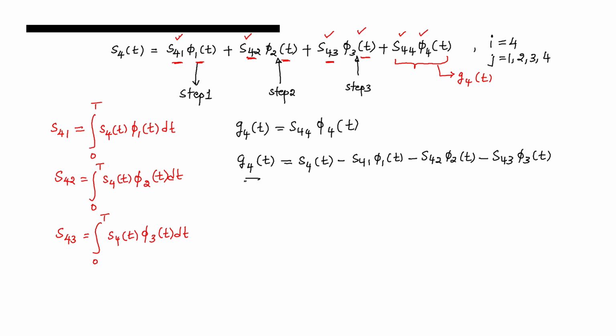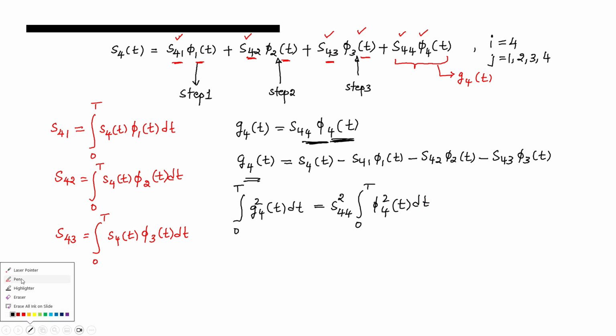Once the G4 value is available, now you square and integrate this equation over the T duration. So that is the integral from 0 to T of g4 square t dt, which is equal to S44 square times the integral from 0 to T of phi 4 square t dt. Whatever term is within this integration follows the orthonormal set.